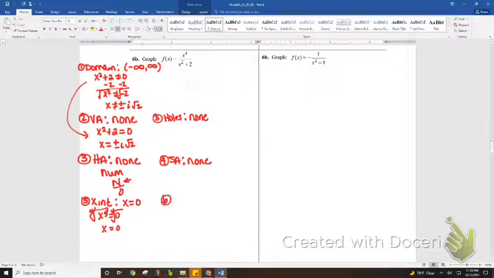And then our y-intercept: plug in x is 0, solve for y. So we get y equals 0 to the fourth over 0 squared plus 2. So 0 over 0 plus 2, so 0 over 2, which is 0. So our y-intercept is y equals 0.